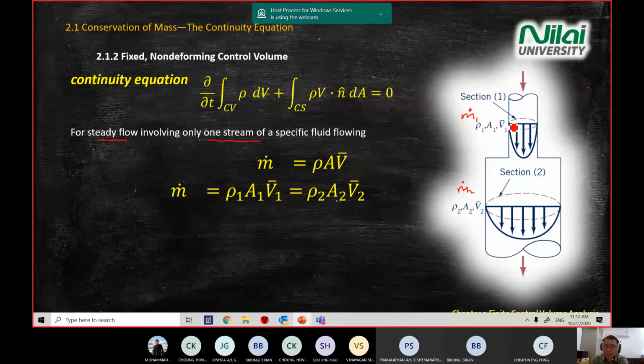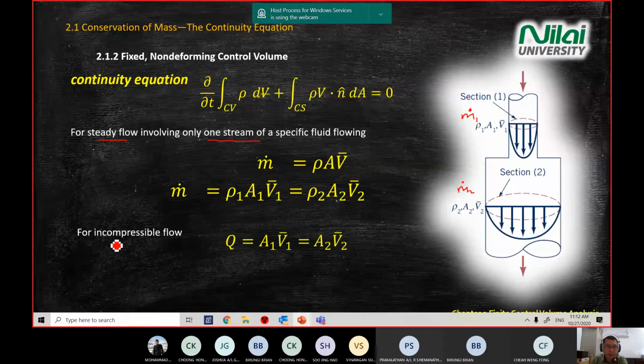What will change is, because of the volume or cross-section area, your area will change, density will also change, velocity also will change. So there are 6 parameters we're looking at here. Section 1 has 3 parameters, section 2 has another 3. So in total, we have 6 unknowns here.